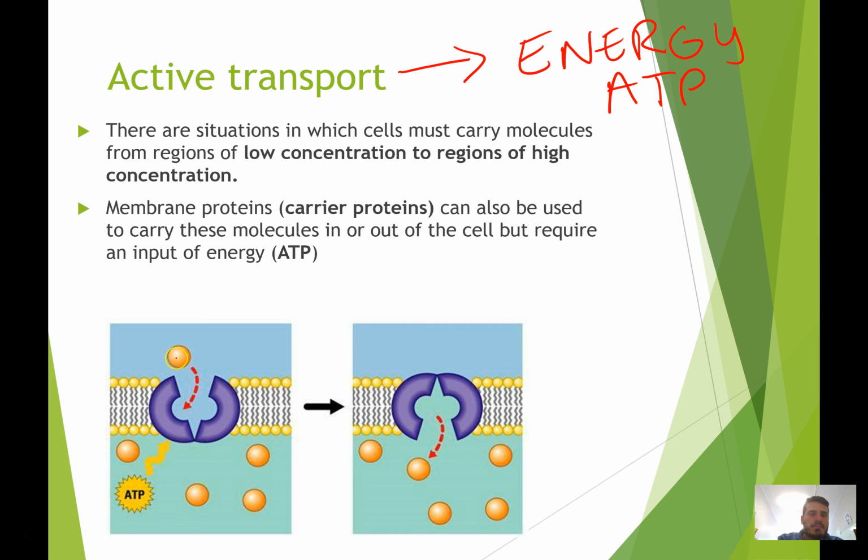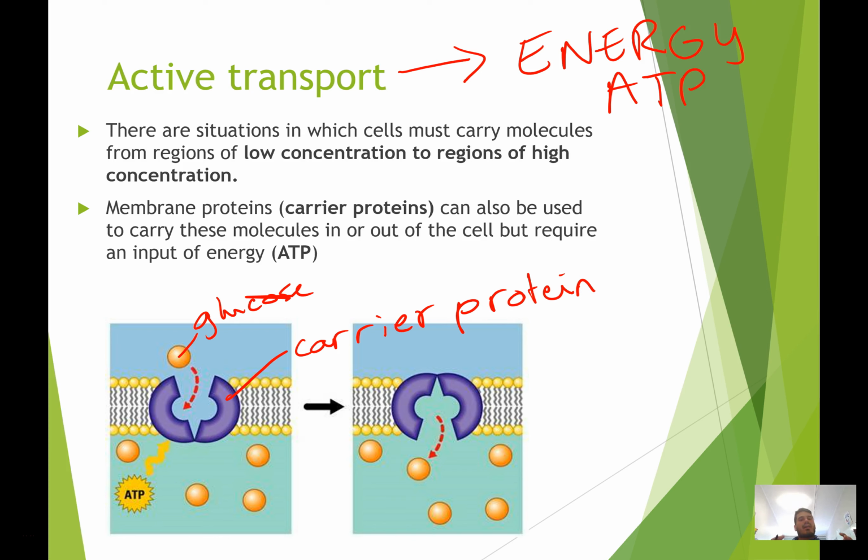So for example here, if let's say this cell is a muscle cell, it's going to need lots and lots of glucose, and this is a glucose molecule. Even though there's very little glucose outside the cell, it's going to use this carrier protein to move the glucose into the cell.